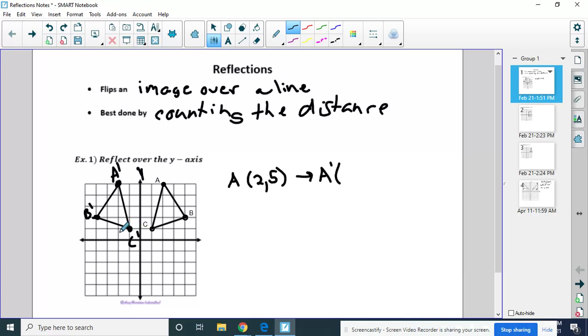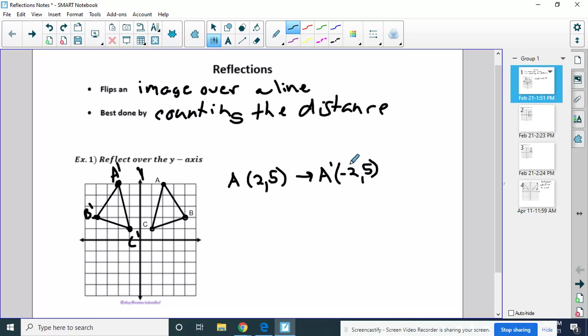We went left 2, so therefore it's -2, and we are up at 5. So whenever you flip over the y-axis, the x changes from a positive to a negative, or from a negative to a positive, depending on the picture. But it will always be like that, because A is at the same height, it just moves left and right, so the x is what's changing. It's just something good to know. You don't technically need to know that for the level 2 test, but it will help you in the future.